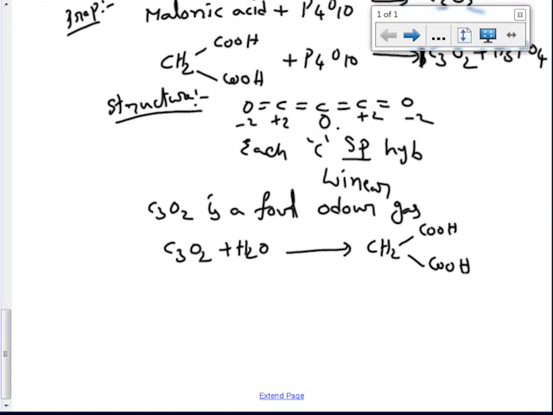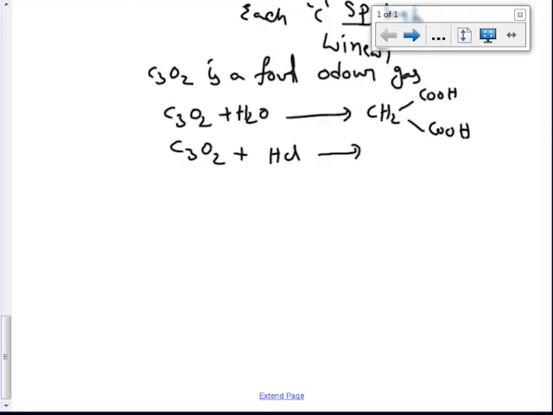C3O2 on reaction with HCl gives malonyl chloride, CH2(COCl)2.